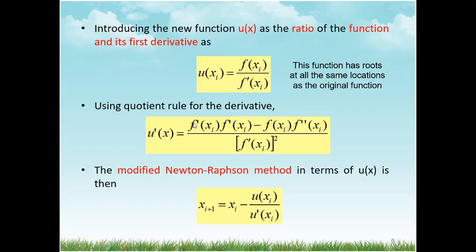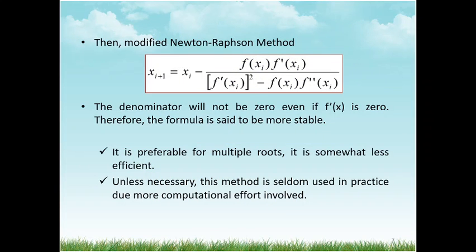In order to use this method, we need to do some additional steps. We need to differentiate the original function 2 times, as given in these equations. I will demonstrate to you shortly how to use this function.